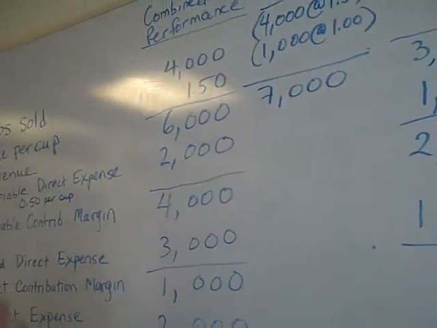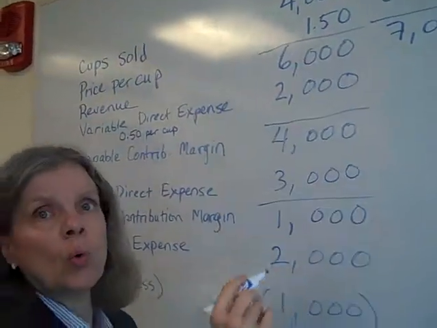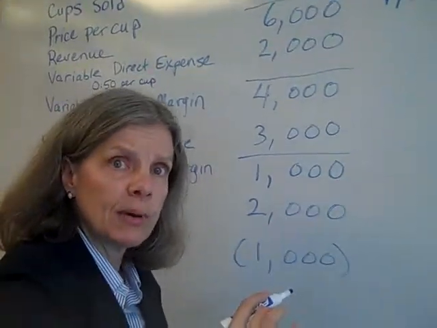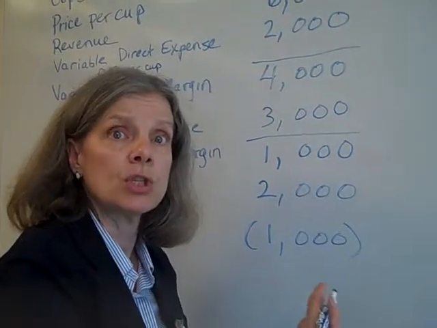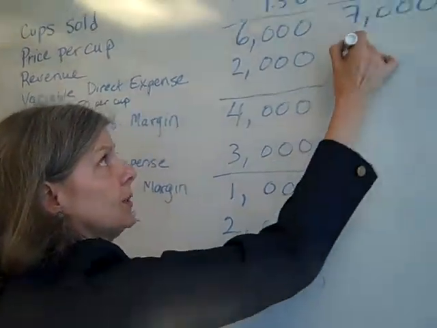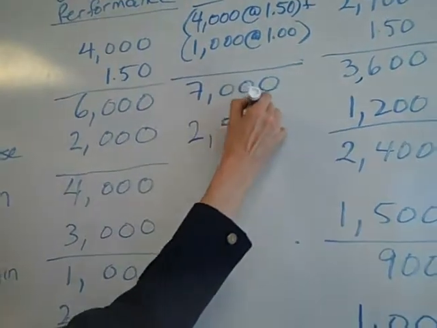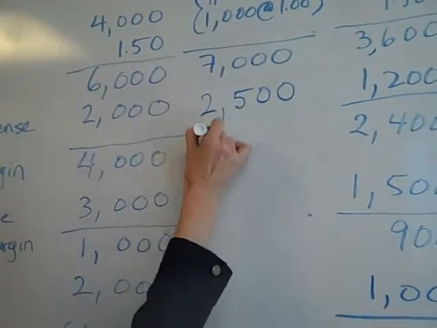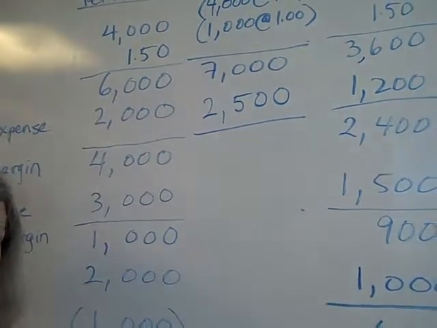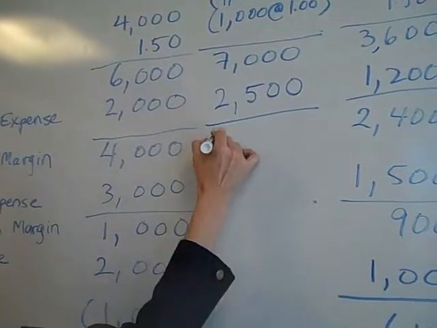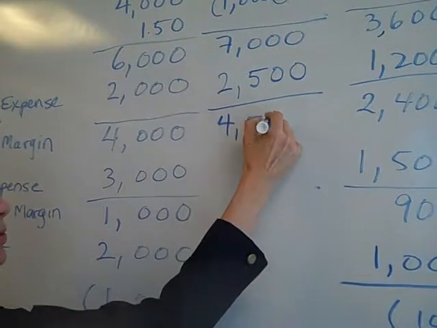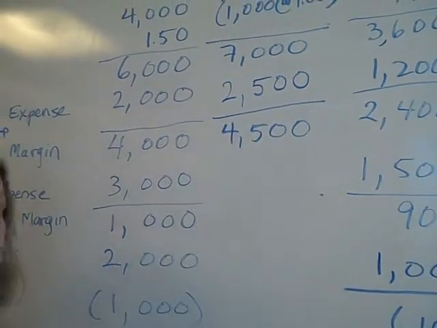We have 5,000 cups of lemonade, so our variable direct expense is 50 cents a cup times 5,000 cups, which is 2,500. And when we subtract our variable direct expense from our revenue, we get our variable contribution margin, which is 4,500.